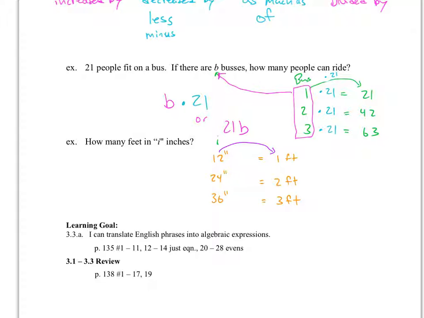I could divide by 12. Let's try it. 24 divided by 12 equals 2. 36 divided by 12 equals 3. So I'm going to have divided by 12. And I take this side, which is my variable I, and that goes on top. So I divided by 12.